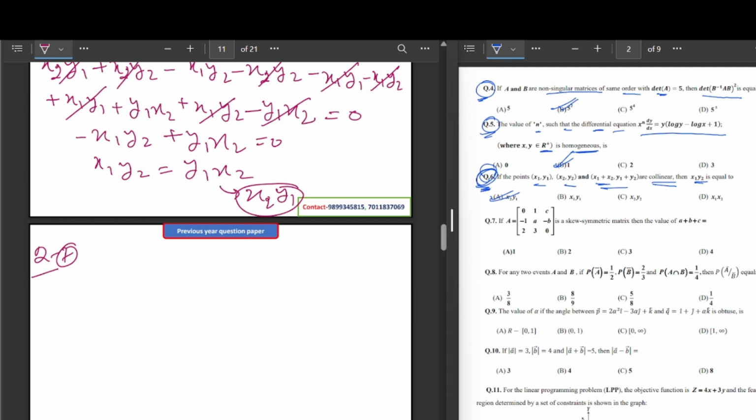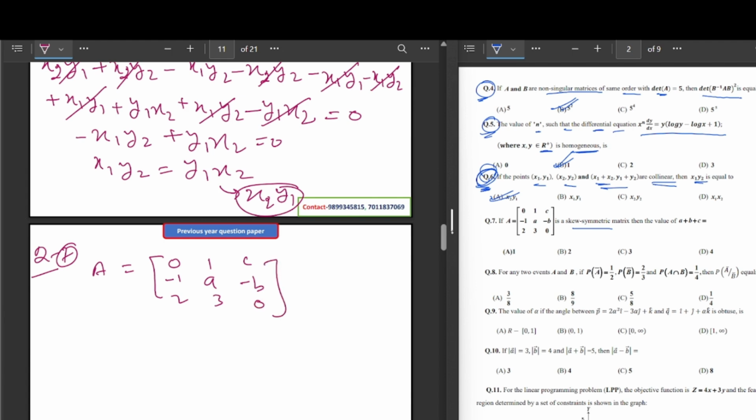If the matrix A is a skew symmetric matrix, then find the value of A plus B plus C. So matrix A is given: 0, minus 1, 2, 1, A, 3, C, minus B, 0.